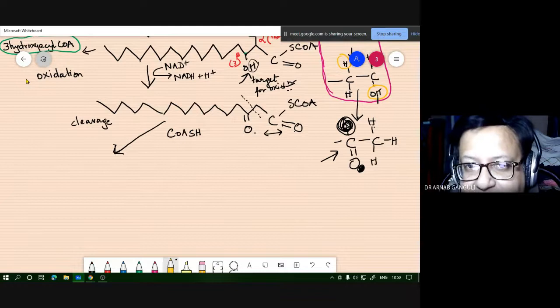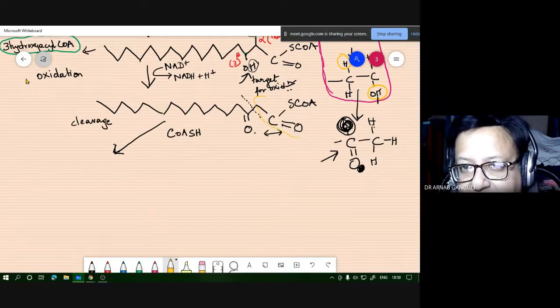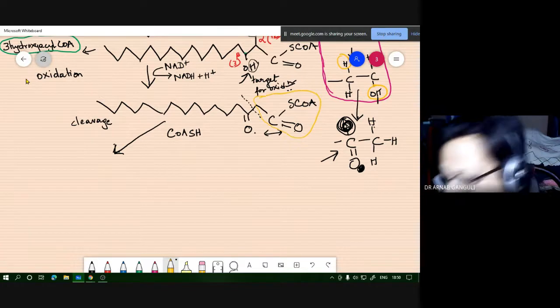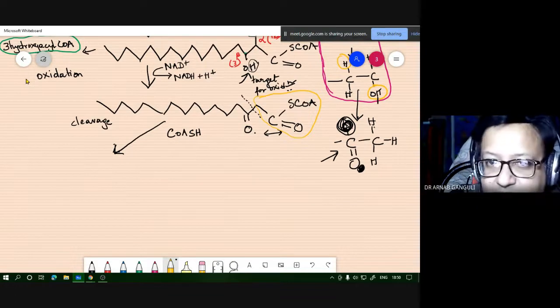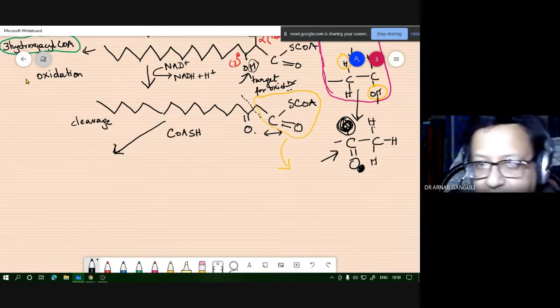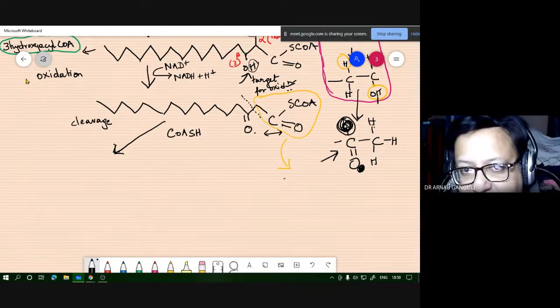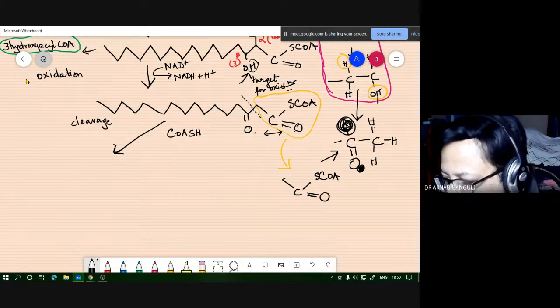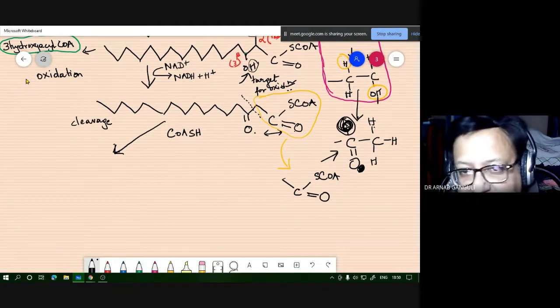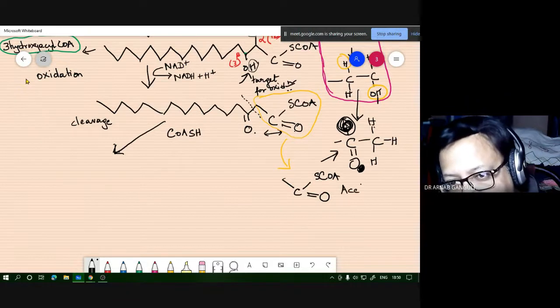That means you can expect this unit to come out. This unit comes out. So what you have remaining is this, which is essentially nothing but acetyl CoA.